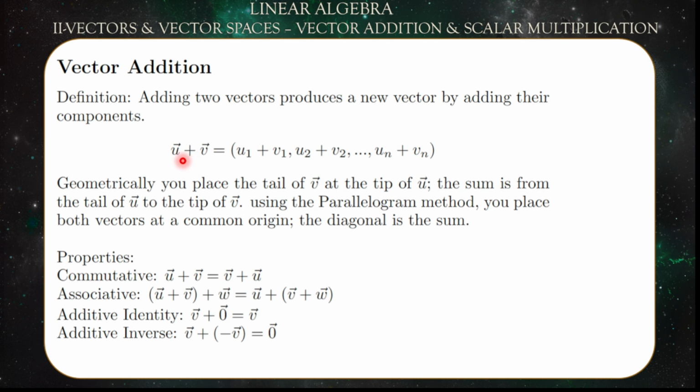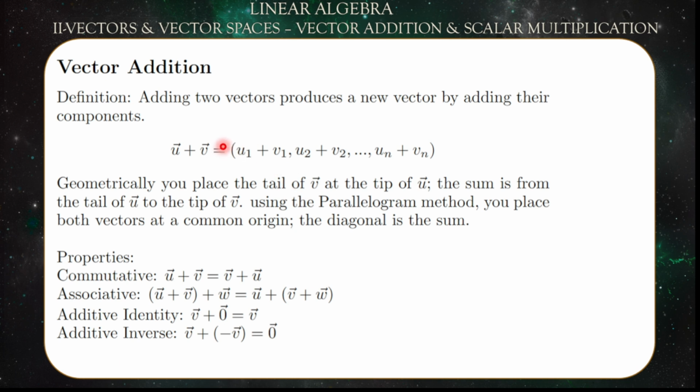Or in other words, let's say you have u with coordinates ux, uy, uz, and v with vx, vy, vz. So u plus v gives us ux plus vx, uy plus vy, uz plus vz.